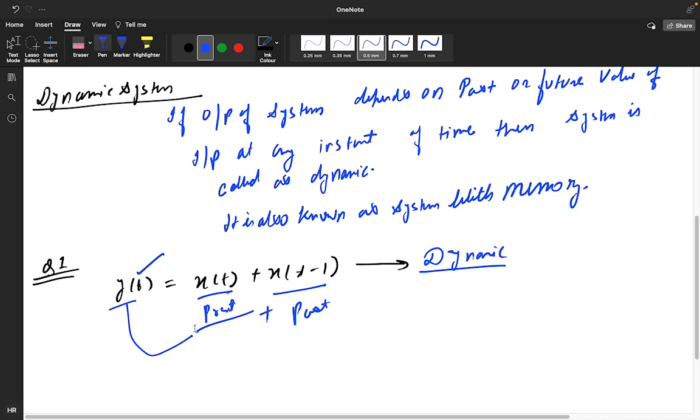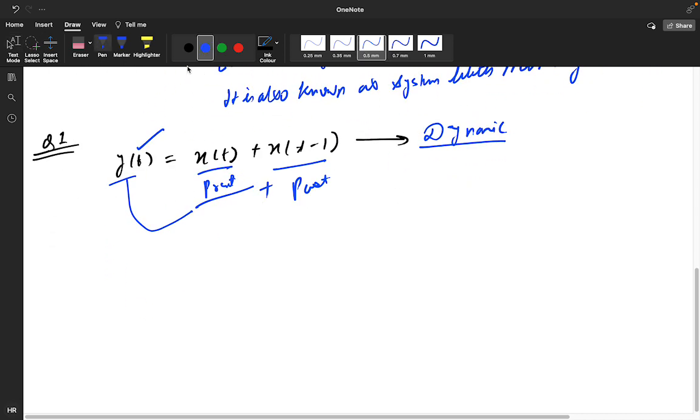Now question number 2. Why is it not static? Because in this, a past value is coming. If in any summation you are getting past values, like you can put y of 1, what will you get? x of 0 plus x of minus 1.